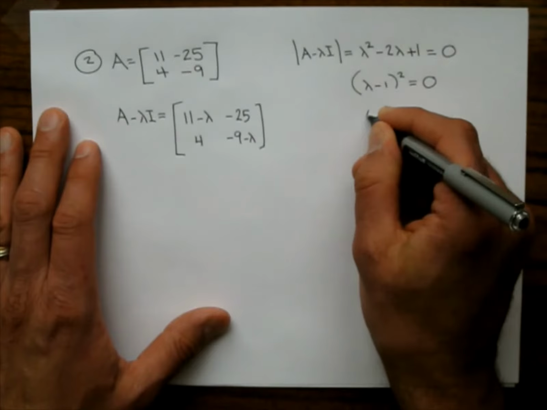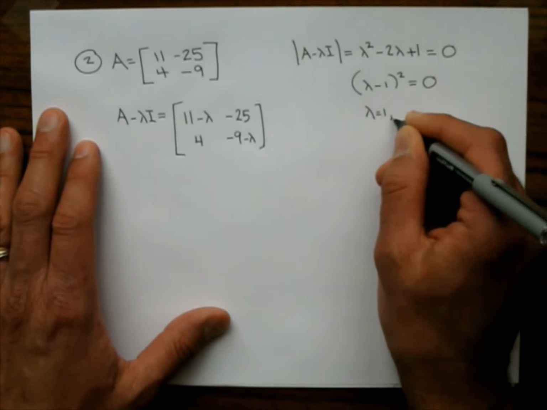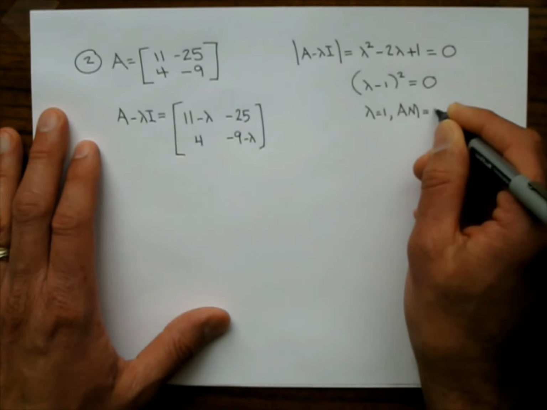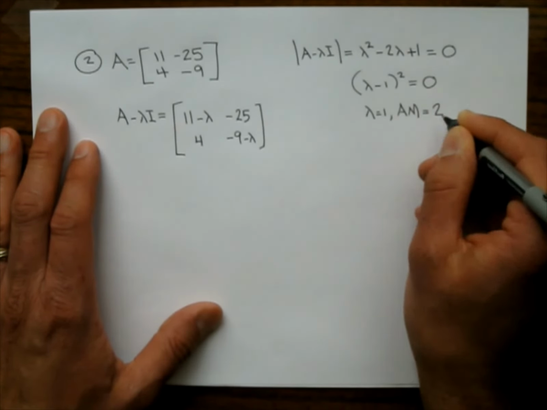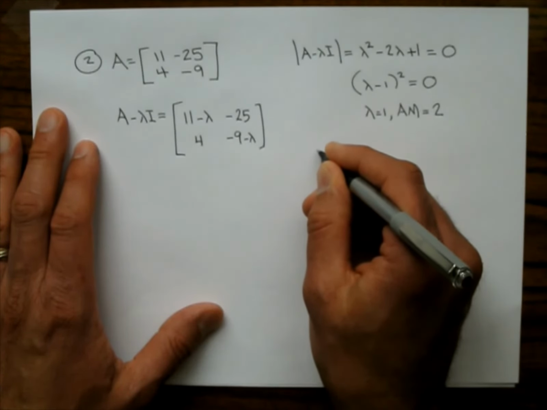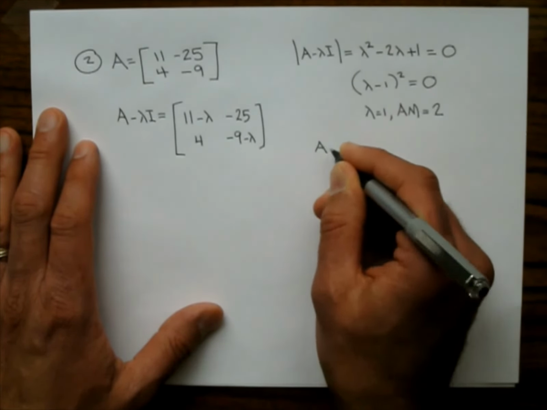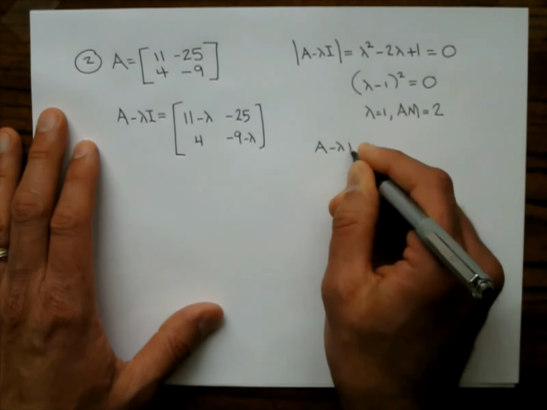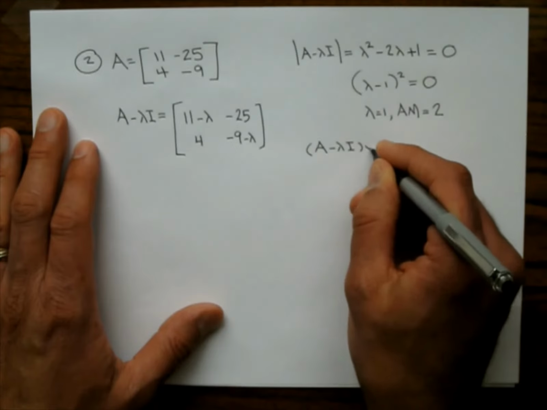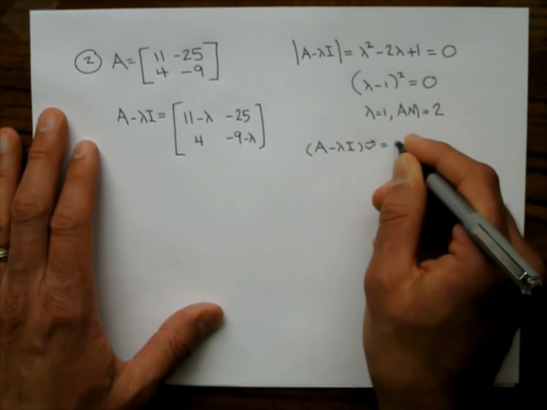Okay, so we know that lambda equals 1 has an algebraic multiplicity of 2. Now to find the eigenvectors, I'll write this out even though it's not necessary. A minus lambda I times the eigenvector equals 0.